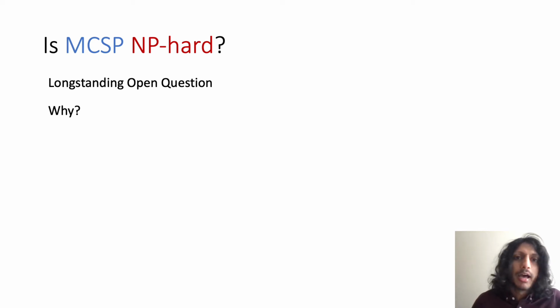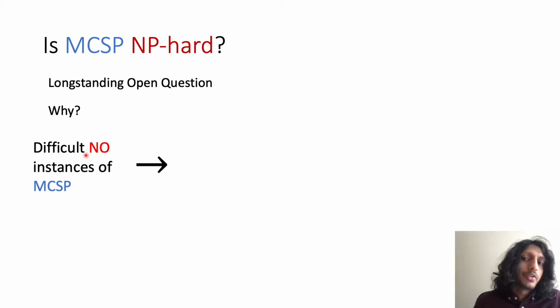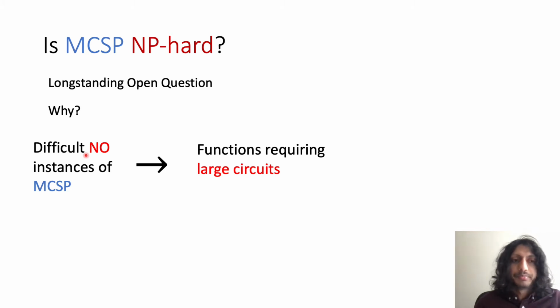And the intuition I have, and I think many people have, is that if you look at the difficult no instances of MCSP, the ones you'd like to make use of in designing a reduction, those difficult no instances correspond to functions requiring large circuits. And the problem is, we don't have explicit functions requiring large circuits.